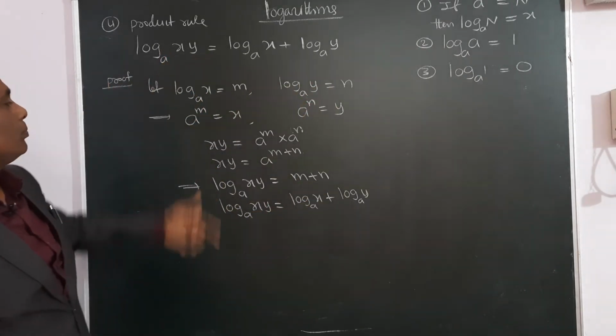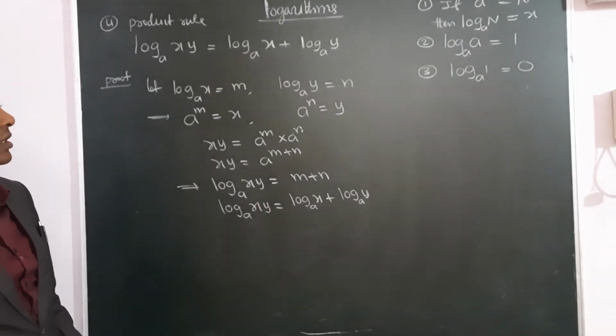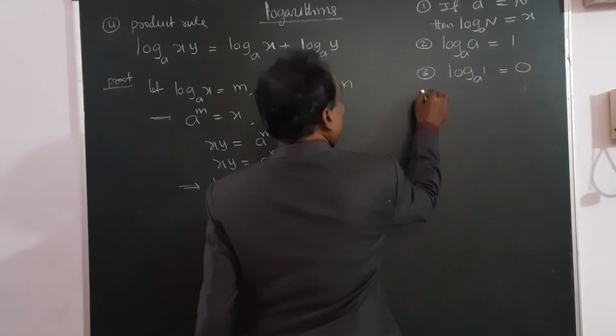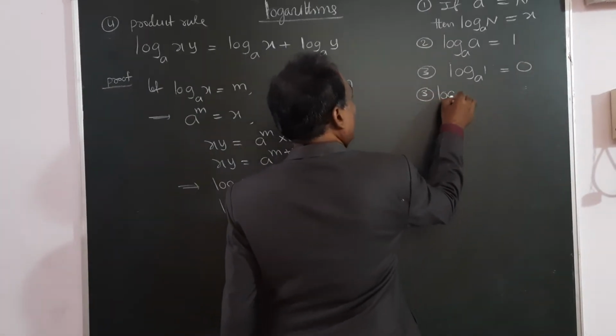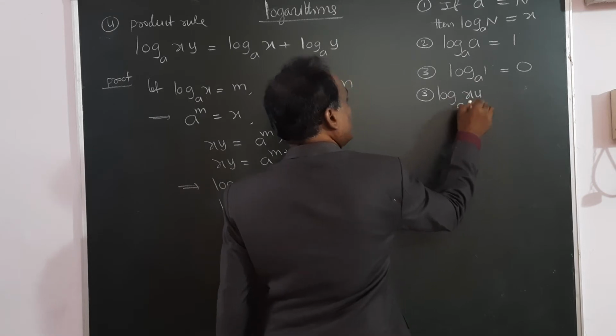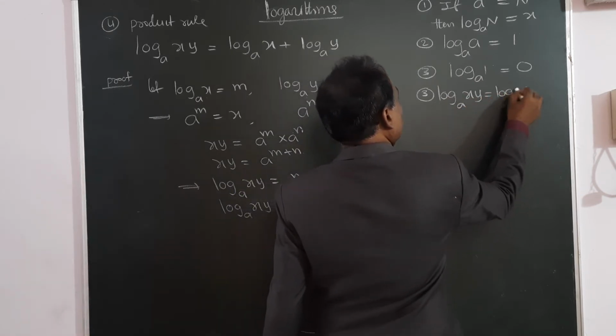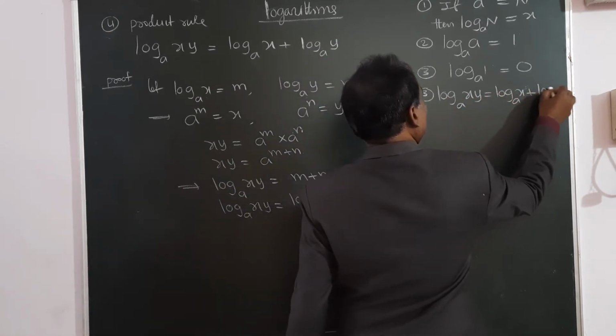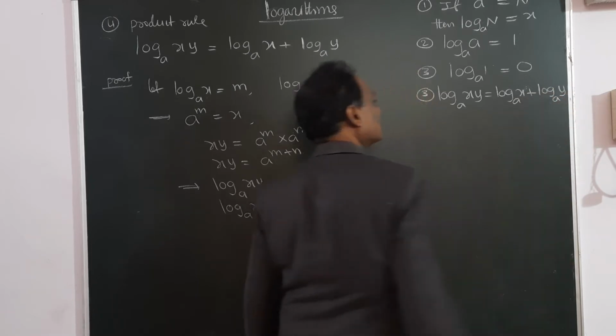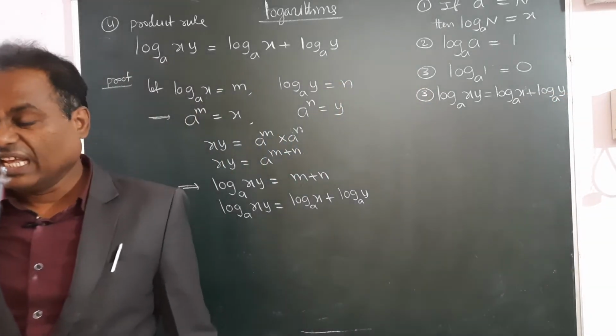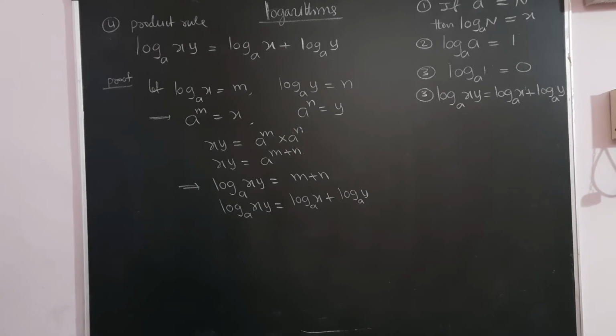Hence we got the formula. So this is one important formula, the product rule: log xy is equal to log x plus log y, for any base.